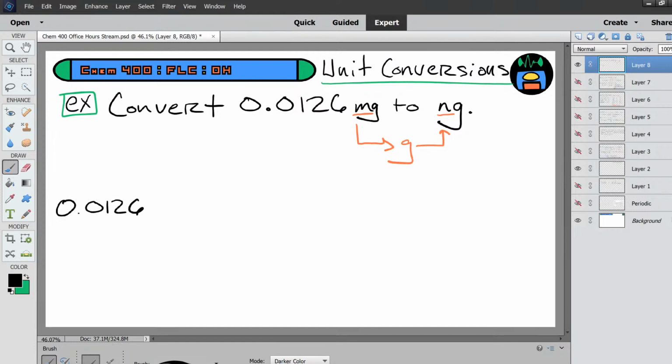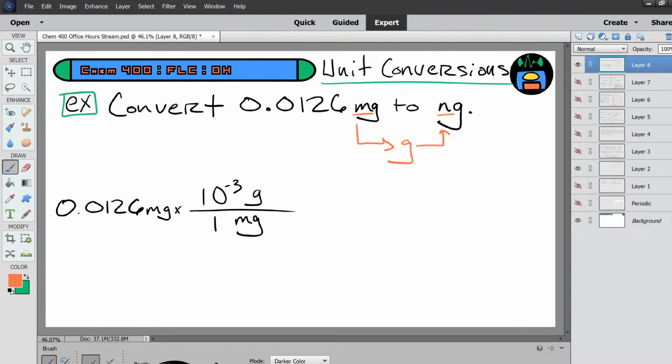First, we're going to take our milligrams, 0.0126 milligrams, and we are going to throw in a unit conversion to convert from milligrams to grams. Now, 1 milligram is 10 to the negative third grams, all right?